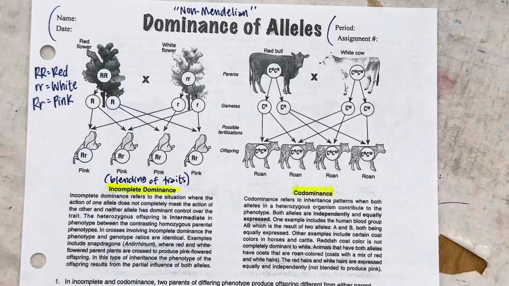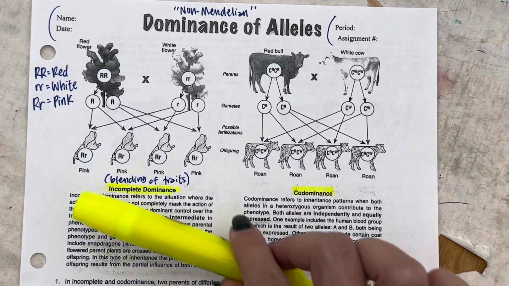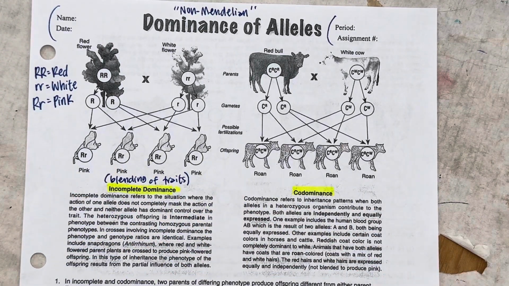And this is one example. So go ahead and read and highlight the blurb about incomplete dominance here.